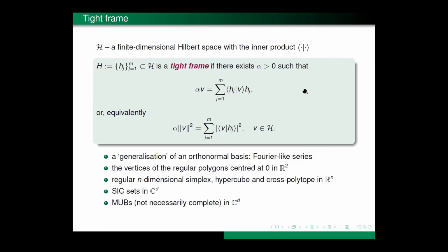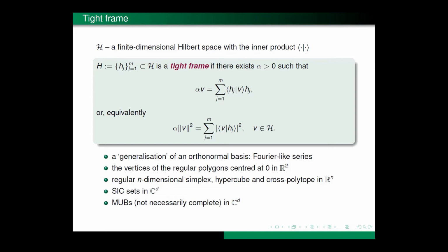So in some sense, we can think of tight frames as a generalization of an orthonormal basis. It's a very special generalization, because we no longer require these vectors to be orthogonal, to be normalized, or even to form a basis.